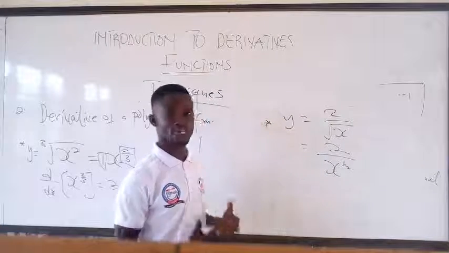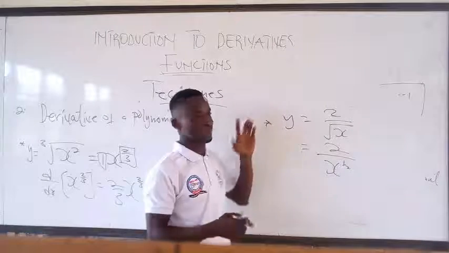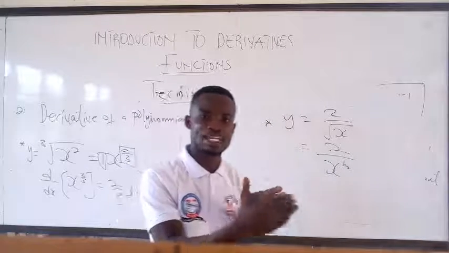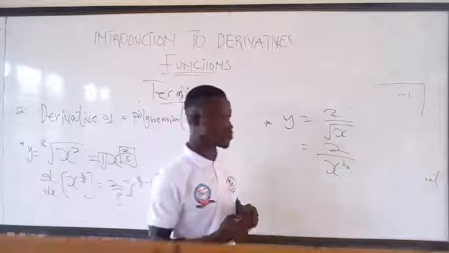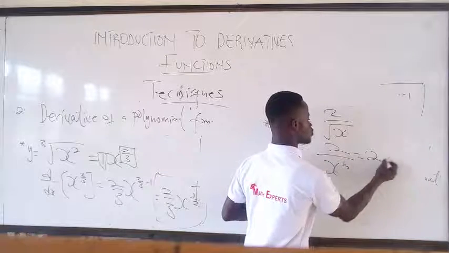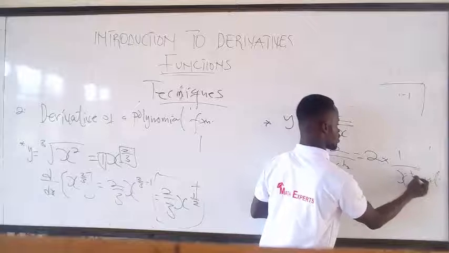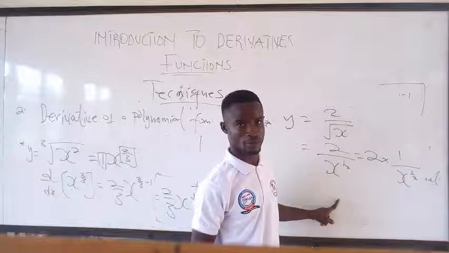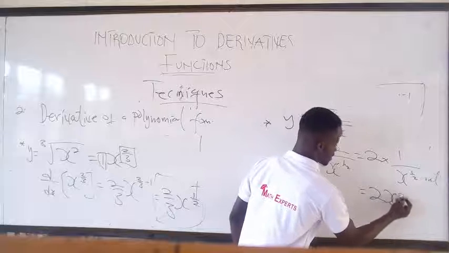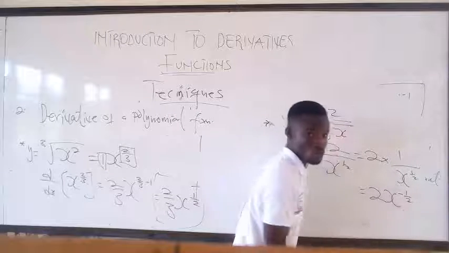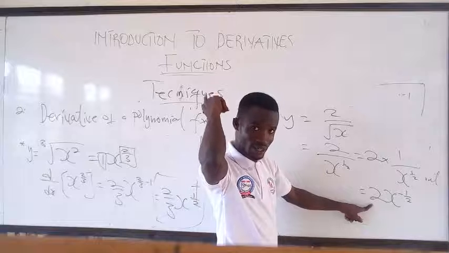You have to also bear in mind that this is not in the proper form. It's not in the form y is equal to x to the power n. So we have to rewrite this one. You can write it as 2 times 1 over x to the power half, which is 2x to the power negative 1 over 2. Or we can write this as this. From your indices, don't forget that.